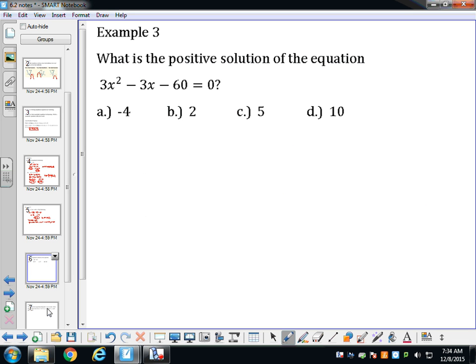Let's try the next one. This is actually an SAT problem. What is the positive solution of the equation 3x squared minus 3x minus 60 equals 0? First, I would pull out my GCF, which is 3. Then I would factor.